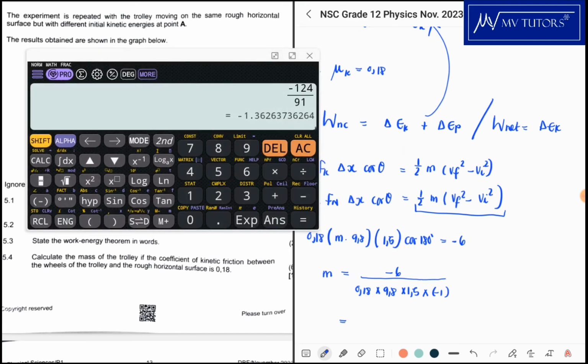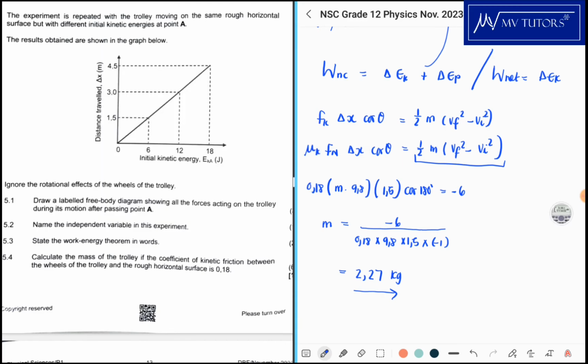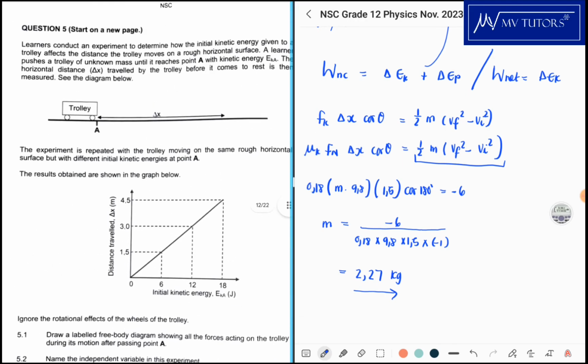If we work everything out, you have negative 6 over 0,18 times 9,8 times 1,5 times negative 1, and we get an answer for mass of 2,27 kilograms. So that is the mass of the trolley, and we are done with question 5.